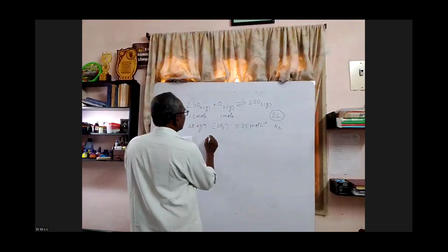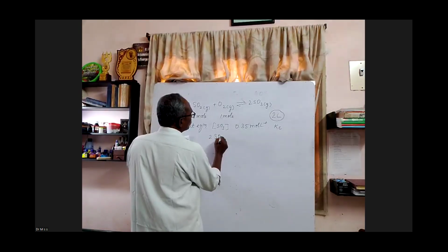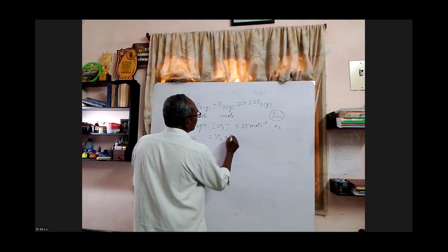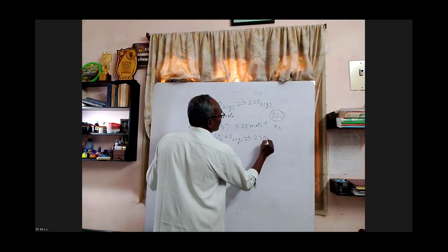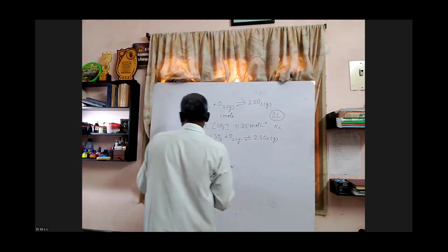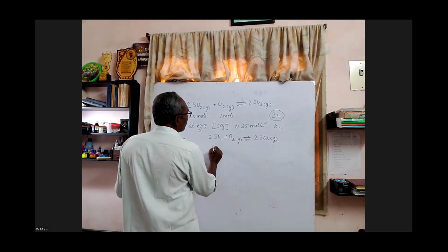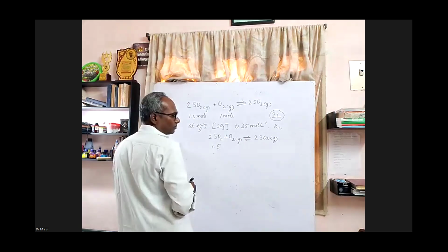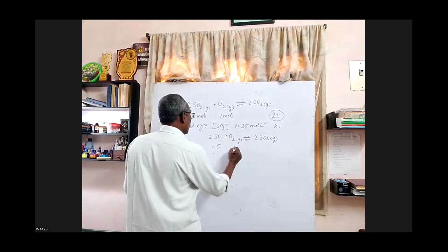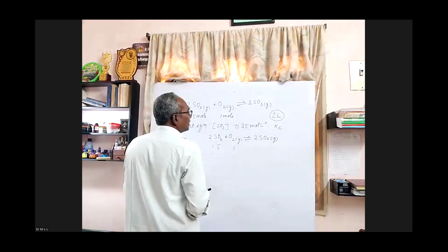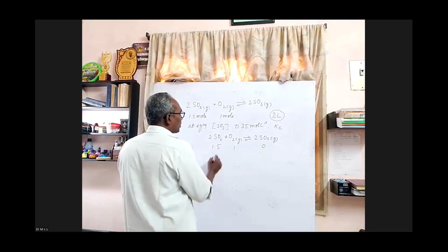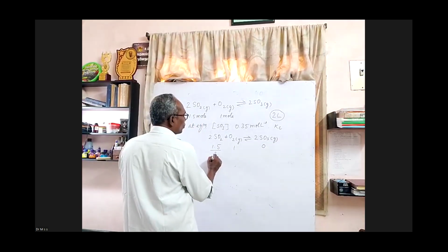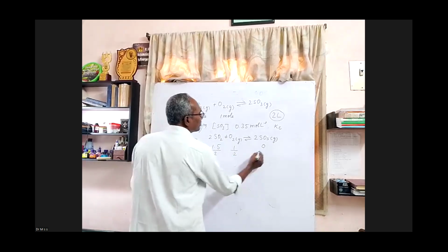So look here. 2SO2, the given equilibrium reaction, plus O2 gas giving 2SO3 gas. This is 1.5 mole. This is 1 mole. Initially, this is 0 mole. But all these things are present in 2 liter vessel.